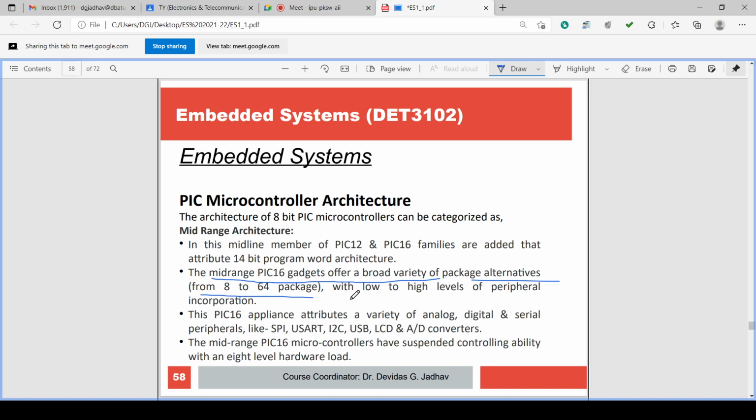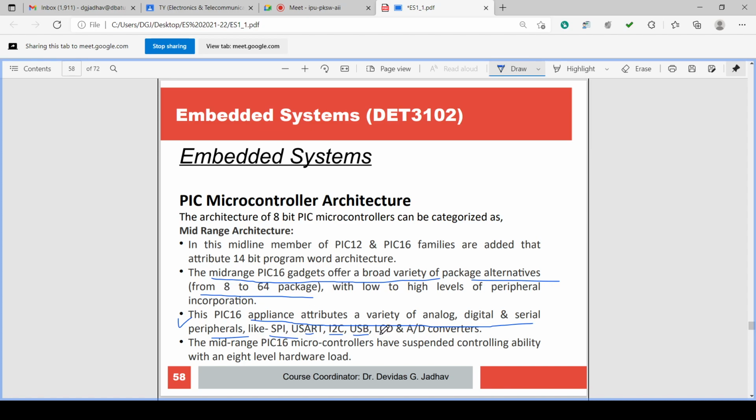This PIC 16 appliance has a variety of analog, digital and serial peripherals like SPI, UART, I2C, USB.